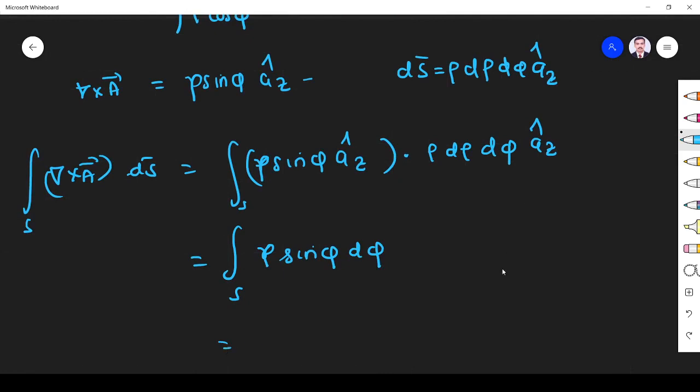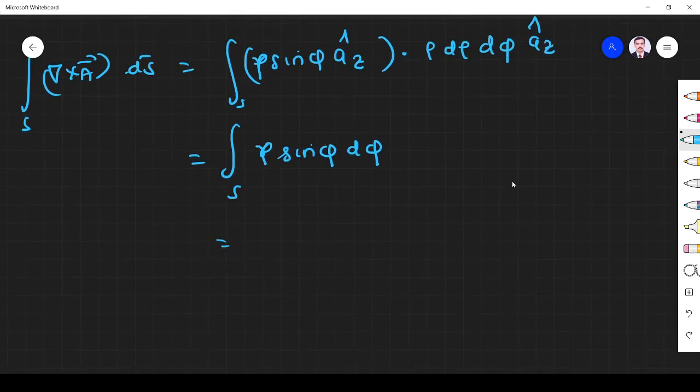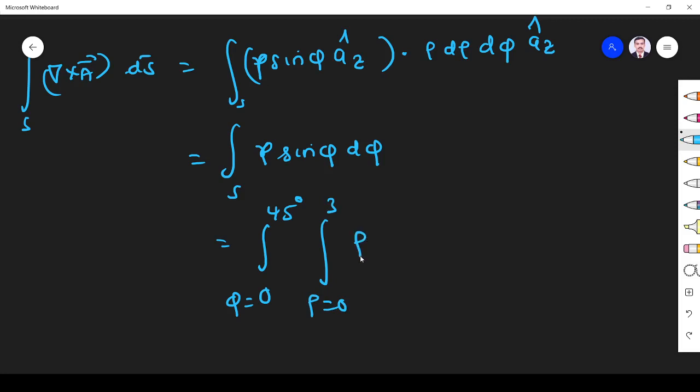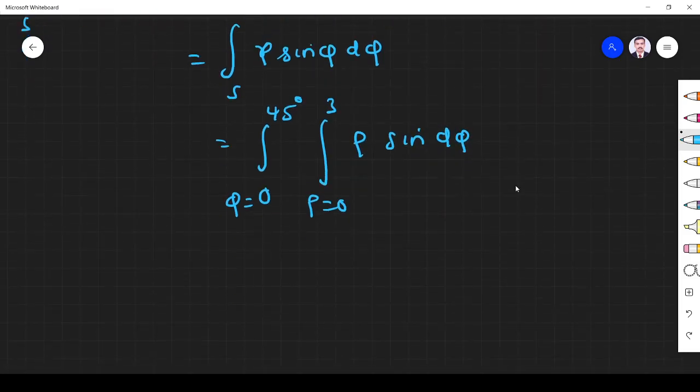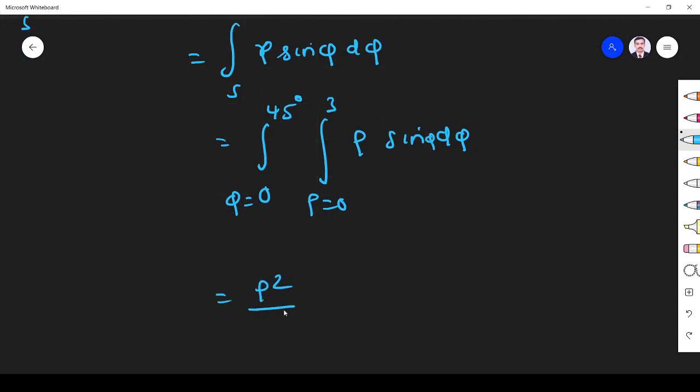In the cylindrical coordinate system, phi varies from 0 to 45 degree, as per the problem, and rho varies from 0 to 3. The integral of rho times rho, which is rho squared, gives rho cubed by 3, with rho from 0 to 3.